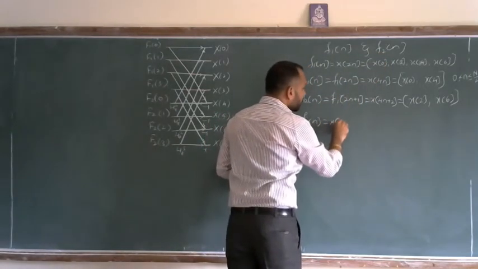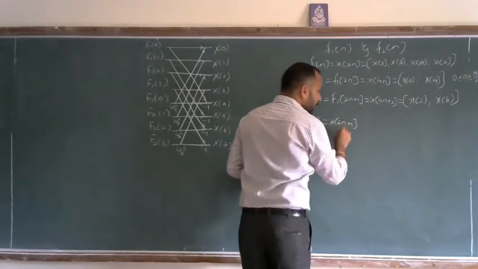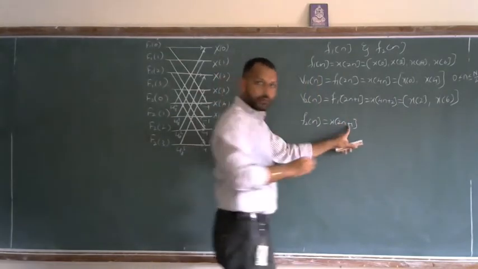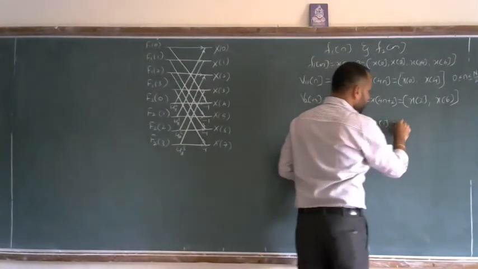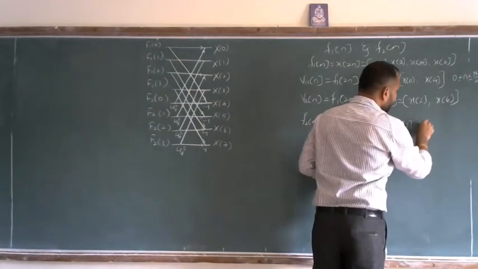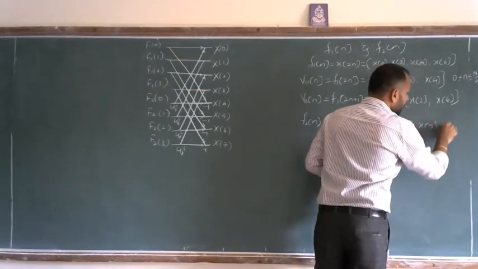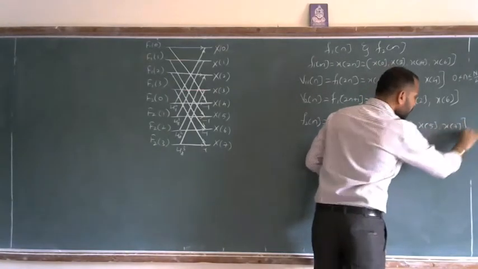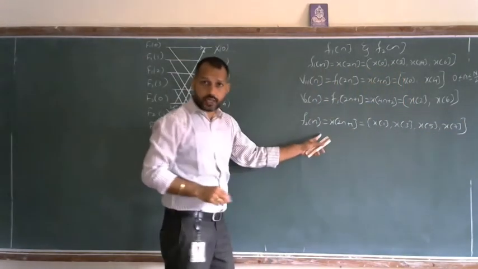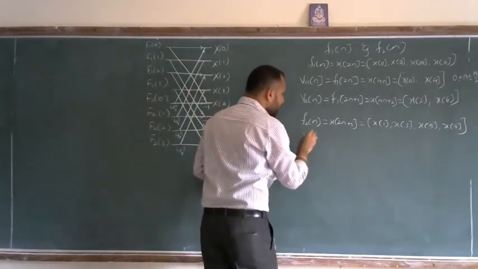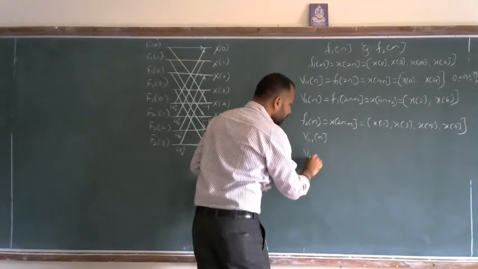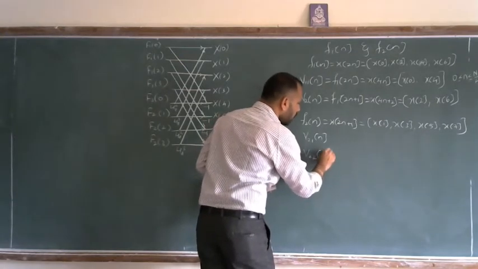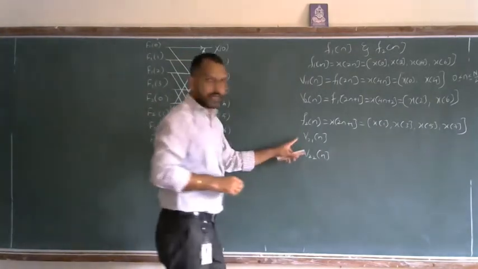F2 of n, which was x of 2n plus 1, contained only the odd numbered samples, which were x of 1, x of 3, x of 5, and x of 7. This will again be decimated into even numbered samples and odd numbered samples.